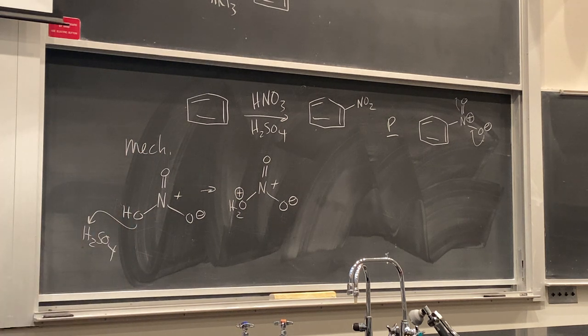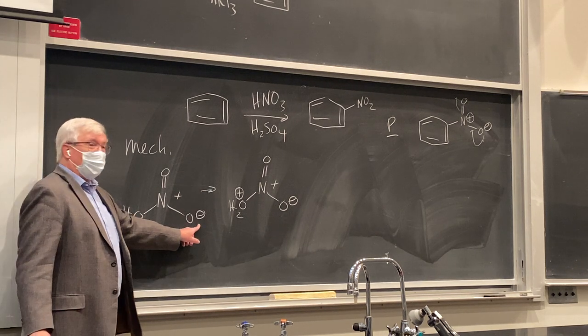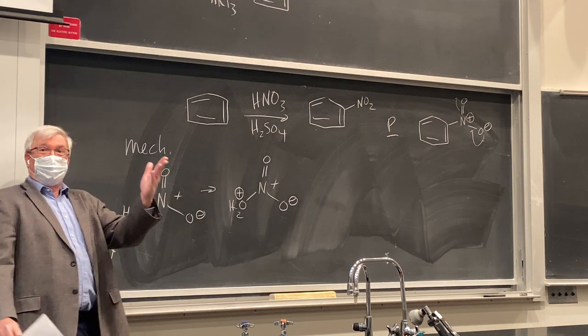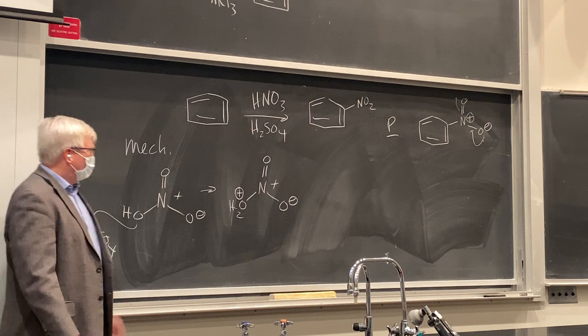Now, that's the mechanism your book shows. They show that intermediate. They don't show the nitro group drawn out completely. They just leave it as NO2. I actually don't like this intermediate. There's probably some other pathways. You can actually do this by protonating this O minus and then losing water to get to the true electrophile. That's what we're trying to do, get to the true electrophile.